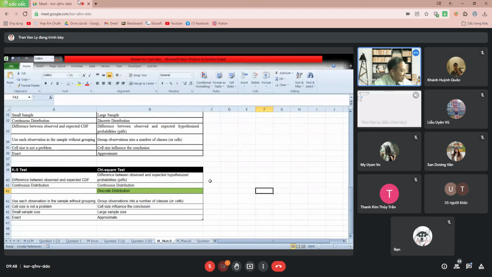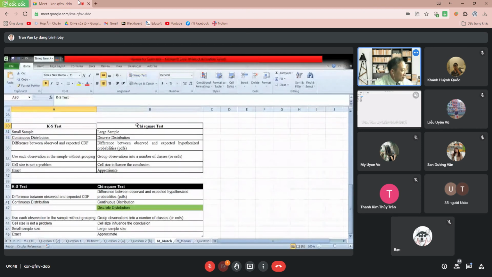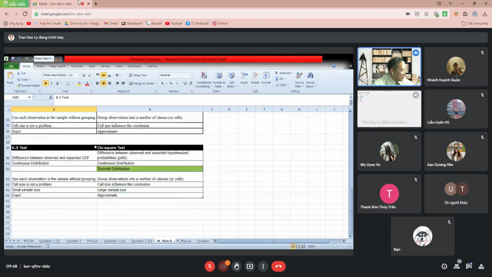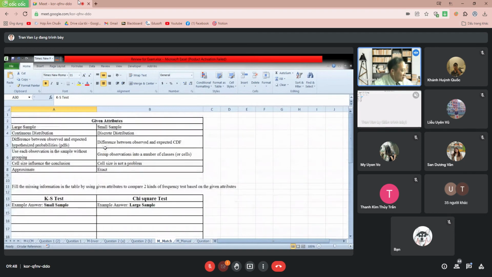Okay. Hello, student. For example, you have 2 kinds of tests, chi-square and KS, and geometric. You have some attributes, okay? Some attribute, geometric. Which one?